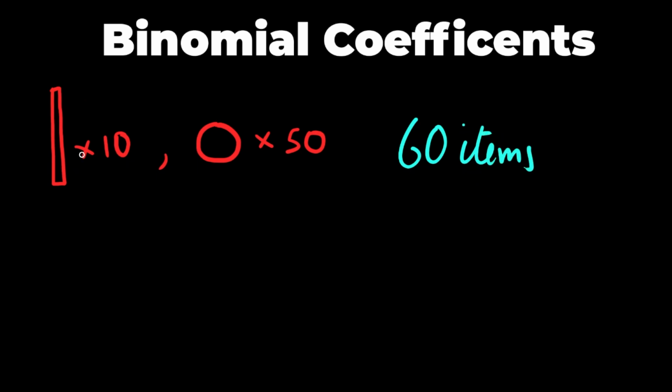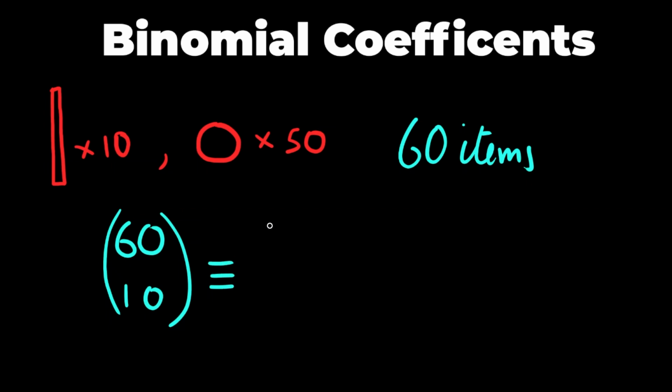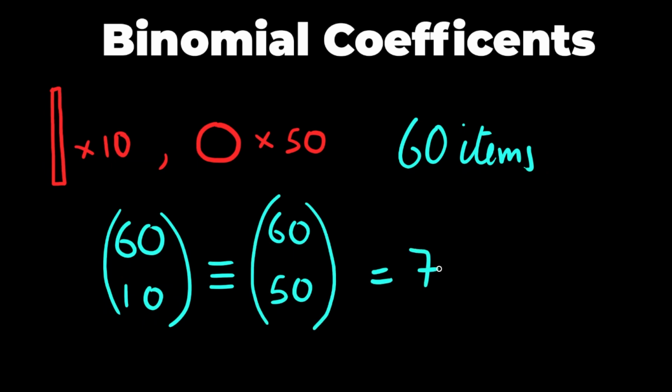If I'm going to select either 10 of the sticks or 50 of the balls, and then I'm done, because all the rest will be sticks or all the rest will be balls, then the combinatoric calculation I want to do is the binomial coefficient for 60 choose 10, or an equivalent for 60 choose 50. And this is equal to 7.54 times 10 to the power of 10.